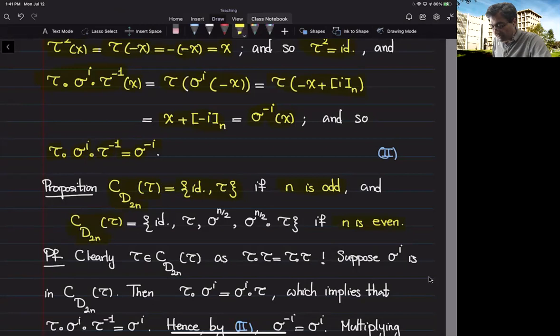Of course, one of them is identity and the other one is tau, but we also have a central reflection about the origin. I can negate everything because n is even. When n is odd, I don't have this central reflection. So if I use this center and I reflect everything, I don't get the original triangle. I end up getting this triangle.